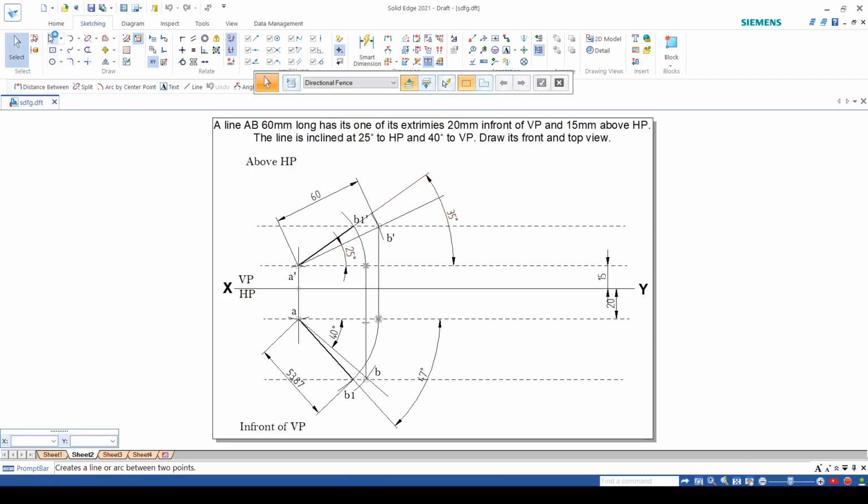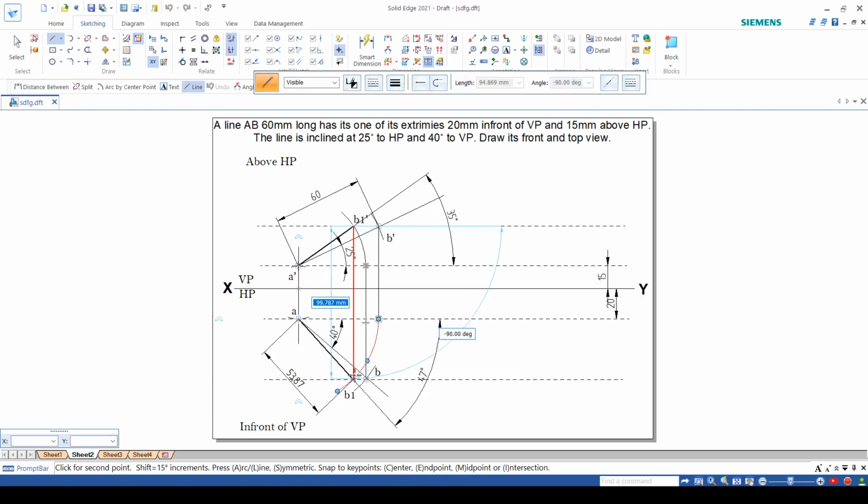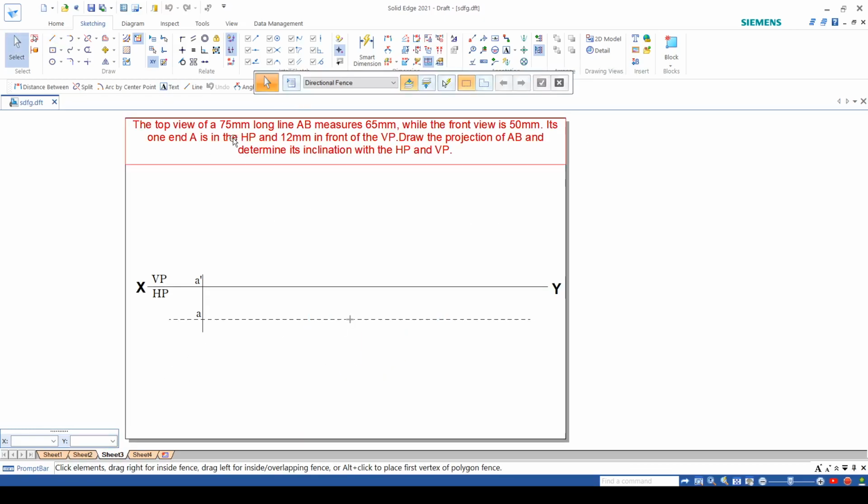If I draw a straight line, I would just delete it later. If I draw it, it would be 90 degrees to this line. You can see it. So what we would do is first make the 65 measured line, this one.